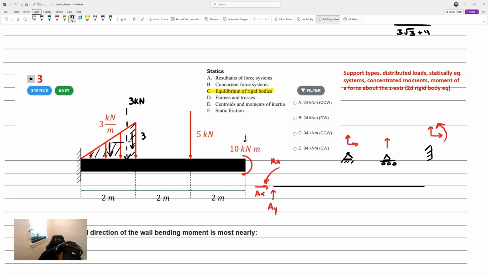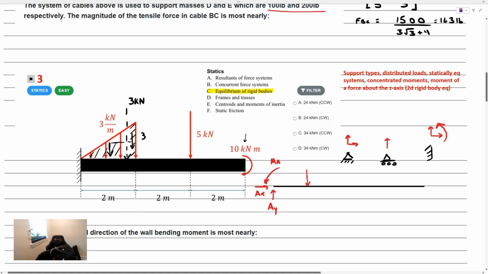There's a force here placed at a distance of a third from the right end or 2/3 from the left end, and 2/3 of 2 would be 4/3. So this distance right here is 4/3 of a meter. And then let's start off from the left end here. We have a clockwise moment here.